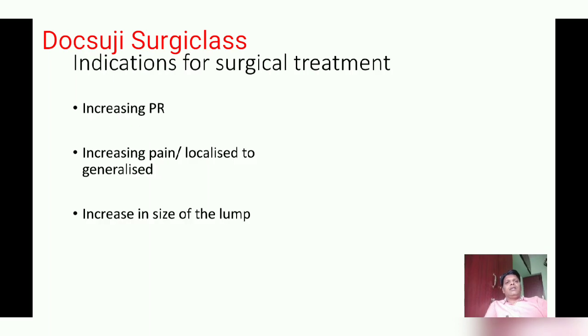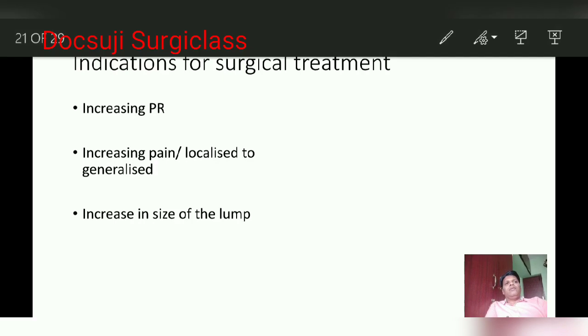Suppose it is not resolving, there are some indications for surgical treatment also. If it is not resolving, you have to intervene surgically. What are the indications for surgical treatment in a case of an appendicular mass? If the pulse rate is increasing, that is tachycardia, if the patient develops tachycardia, or if the patient complains of increase in pain, or localized pain becoming generalized, that is indicative of peritonitis, you have to intervene.